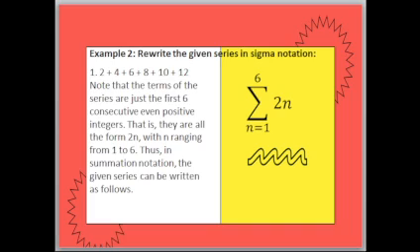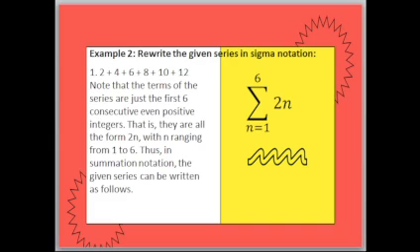That is, they are all of the form 2 times n, with n ranging from 1 to 6. Thus, in summation notation, the given series can be written as follows. Our n is equal to 1, and the last number will be 6.